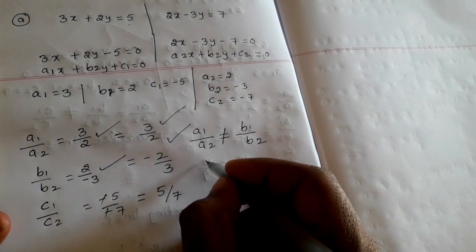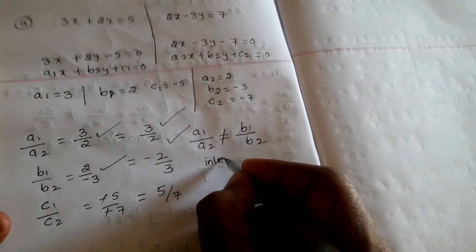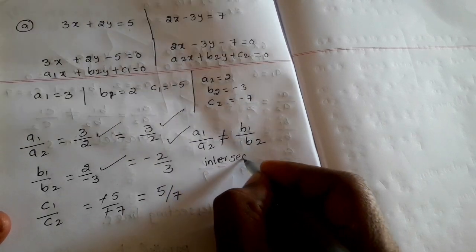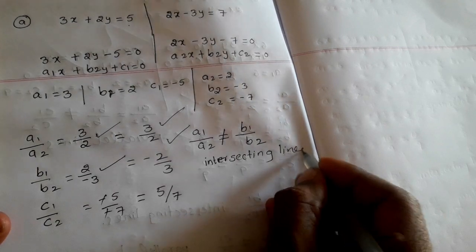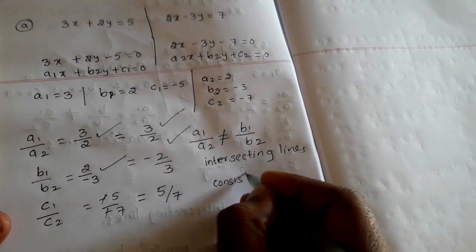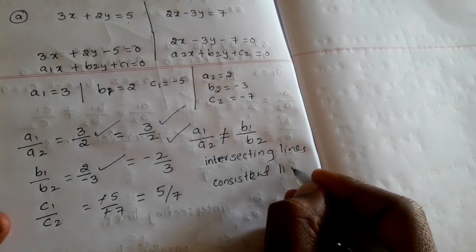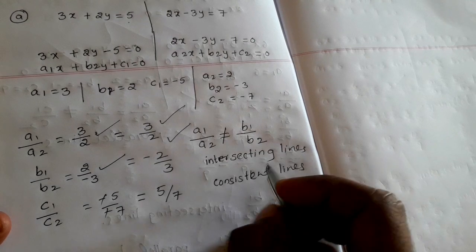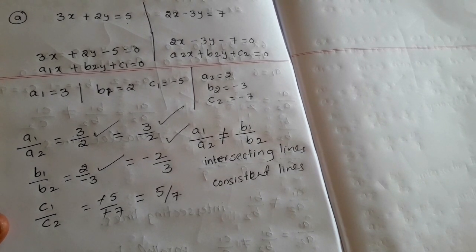So the lines are intersecting lines. So consistent lines. So it has one solution. Intersecting lines have one solution. That's why they are consistent lines.